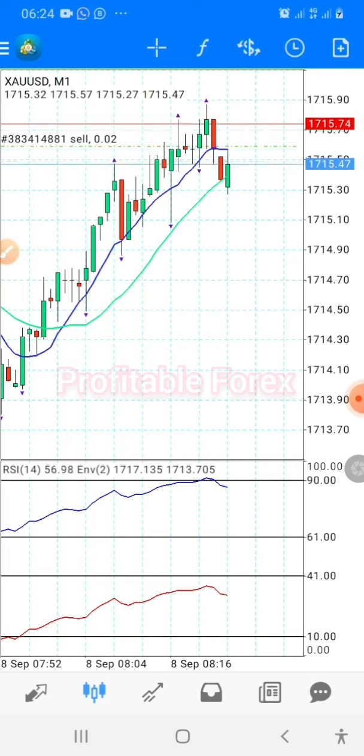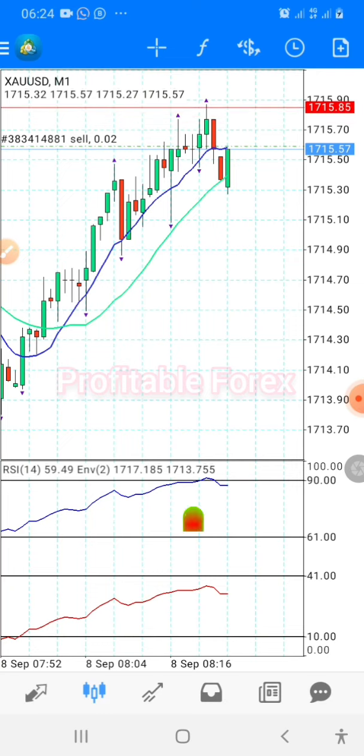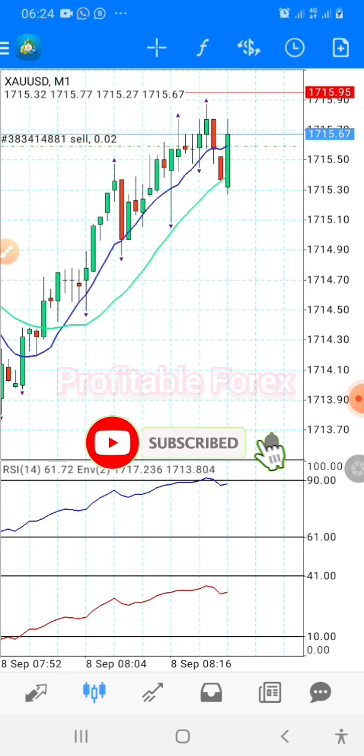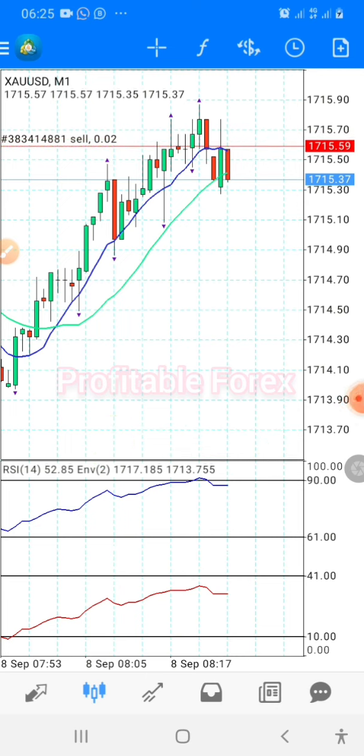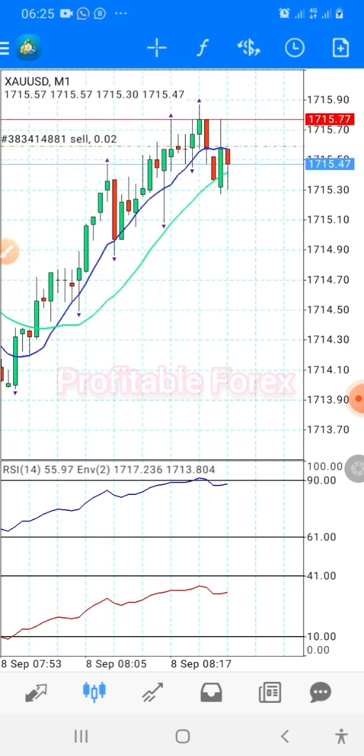Okay, so right now we have some indicators set up, of which I'm going to give you the settings. This strategy is a scalping strategy. You can use it to scalp in the 1 minute time frame. Of course, you can use it for swing trading in higher time frames.